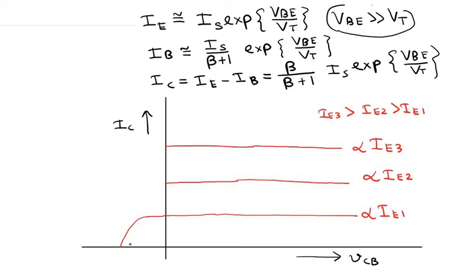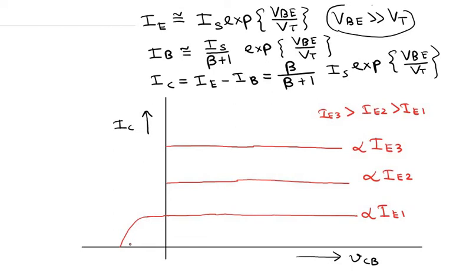Then the electric field at the base to collector junction reduces, and if the strength of the electric field becomes lower, it would no longer be able to sweep the electrons that reach the depletion region by diffusion. So the collector current gradually reduces because the electric field strength is reducing, and it is no longer able to sweep the electrons into the collector region.